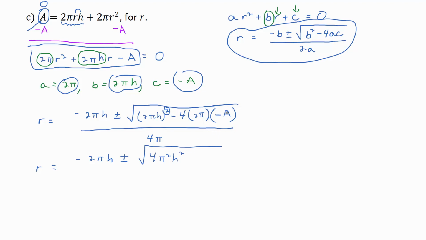And then the minus here makes the operation plus 8 pi times A, all over 4 pi.